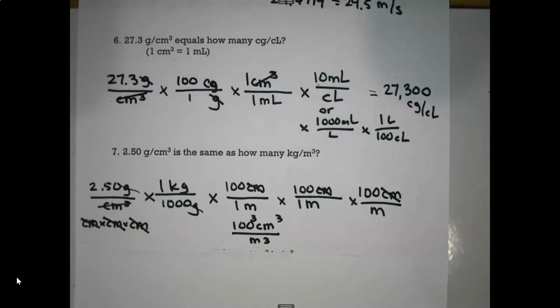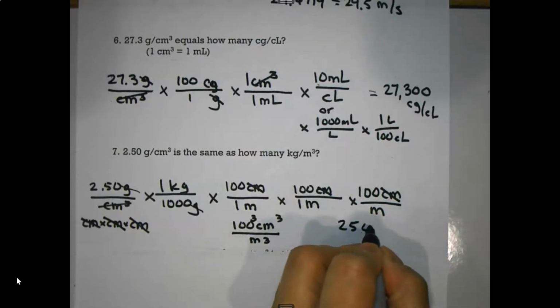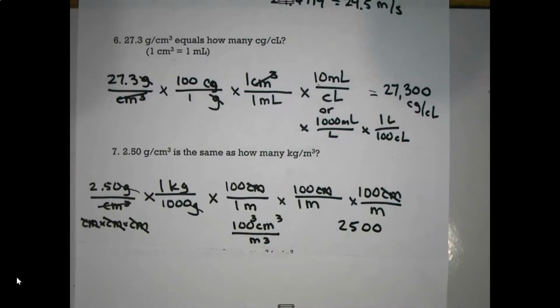And if I calculate it out, I get 2,500. But I have 3 sig figs, so how do I write that? One of these zeros has to count, the other one doesn't.